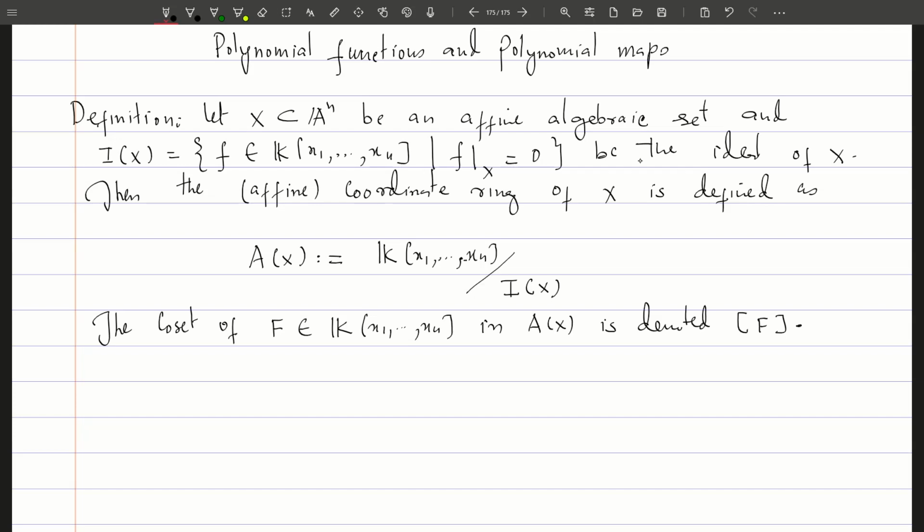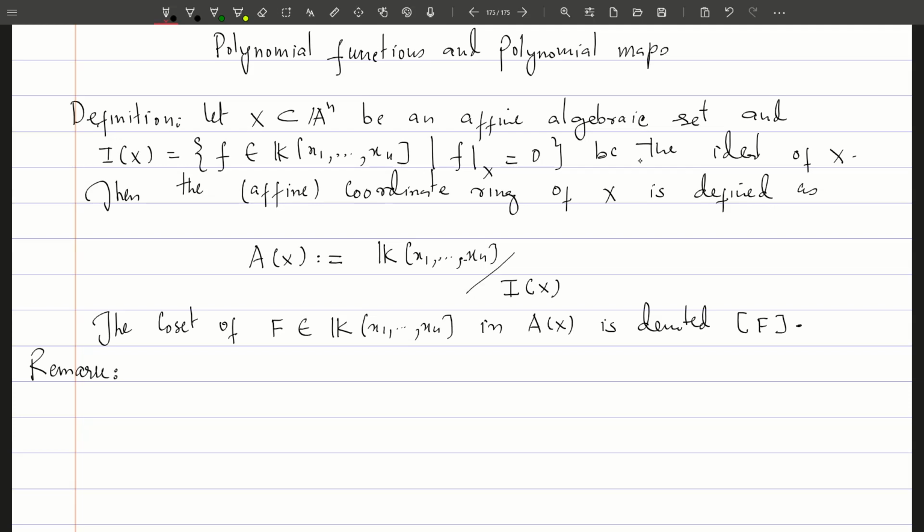One can note over here that this ring A(X) is an integral domain only if I(X) is a prime ideal, but I(X) is prime if X is a closed subvariety, I mean if X is irreducible. So let us make a remark here.